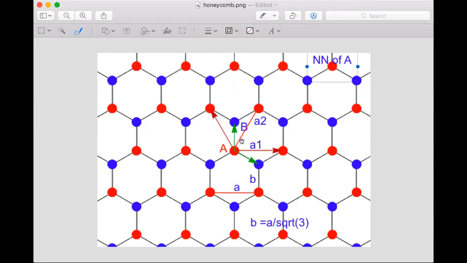Now the three nearest neighbors of this A atom here would be, one at (0, B), the other at (minus A by 2, minus B by 2), and the third one will be at (A by 2, minus B by 2).